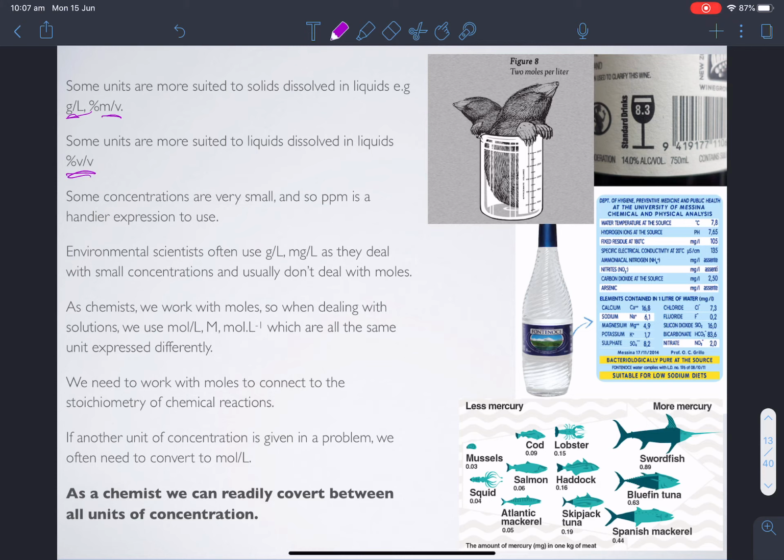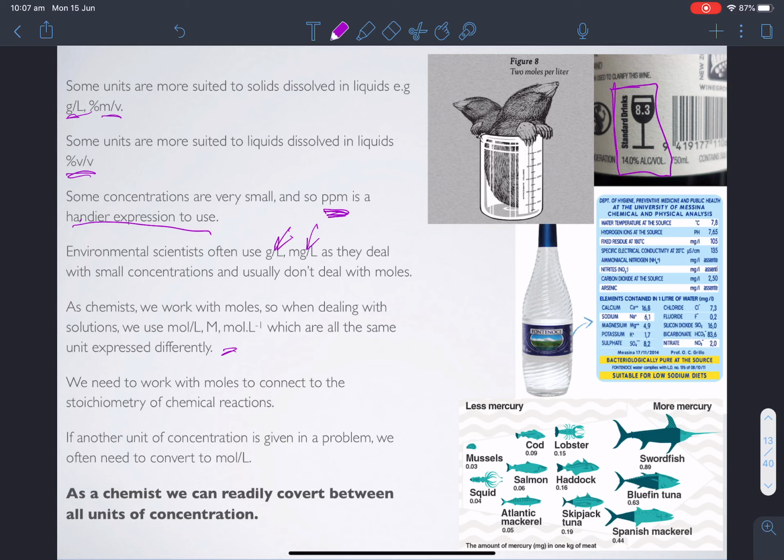And some concentrations are so small that parts per million is a handy expression to use. Okay. Environmental scientists often use grams per litre or milligrams per litre as they deal with small concentrations. So they're looking for trace elements, and usually toxic trace elements. So they tend to use milligrams per litre. Chemists, we work with moles, and there's a reason for that.